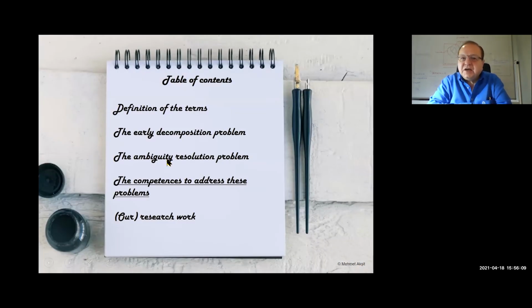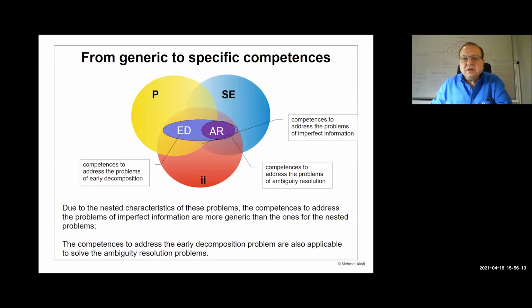Now we will discuss the competences to address these problems. The competences to address the problems of imperfect information are also valid for the problems of early decomposition and ambiguity resolution.